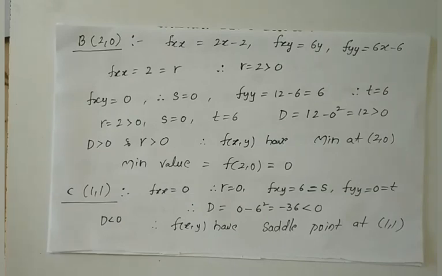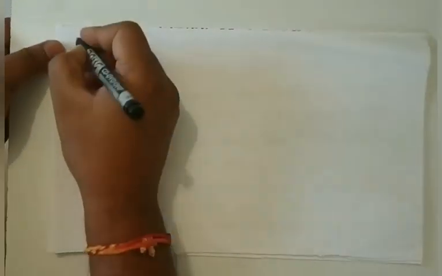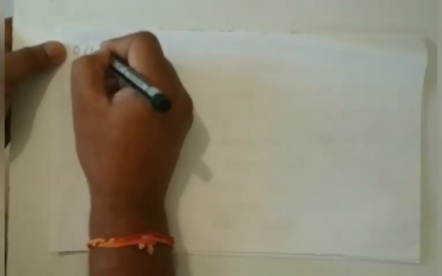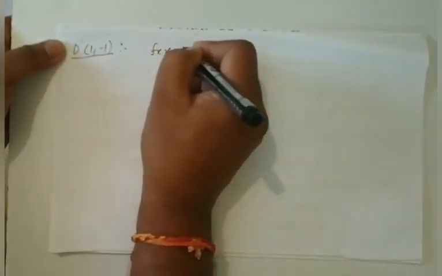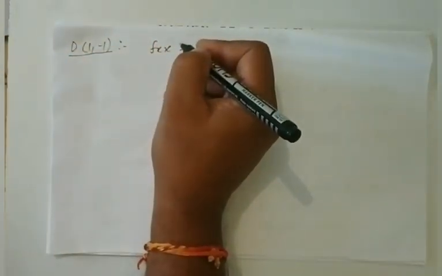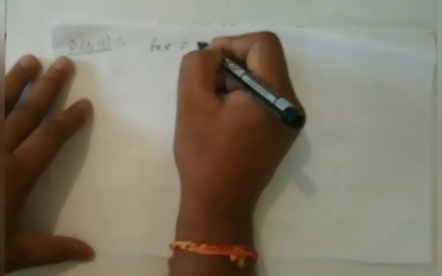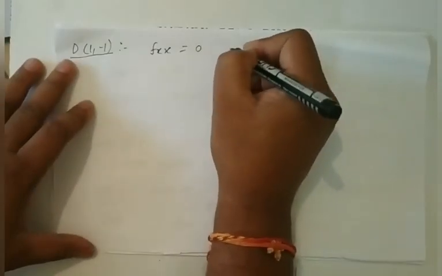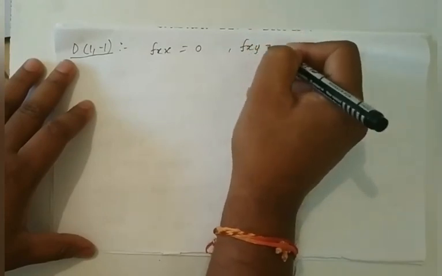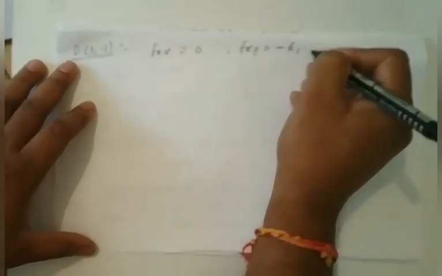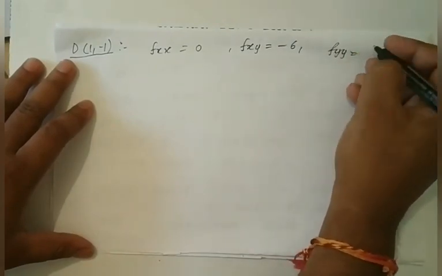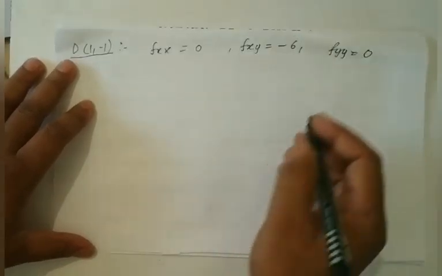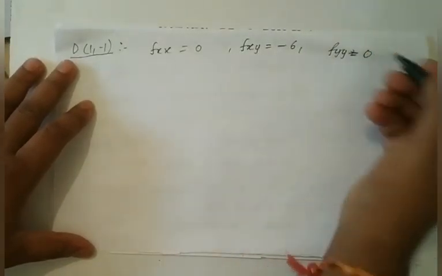So next we have to check the fourth point D, 1 comma minus 1. fxx is 0. fxy is minus 6. Please check it. fyy is 0.